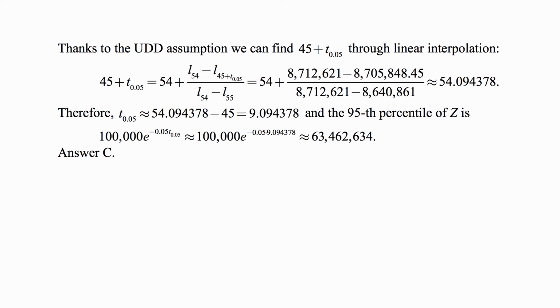We can just take that fraction because the length of time between ages 54 and 55 is just 1. So it would be that fraction times 1, but multiplying by 1 doesn't do anything. It just leaves the fraction. And that is approximately 54.094378.